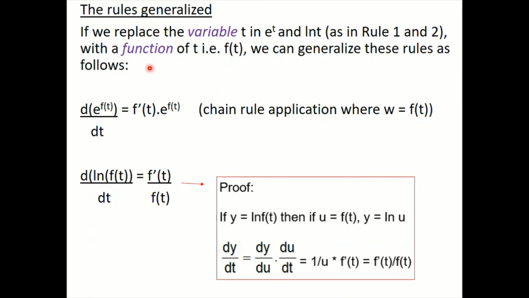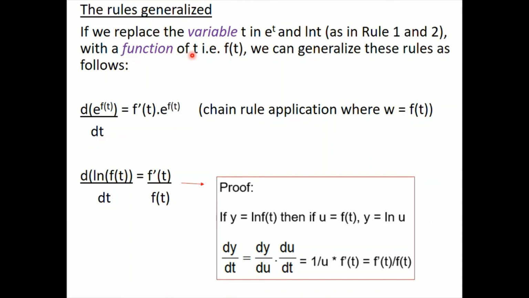So the two rules of differentiation that we saw on the previous two slides were fairly simple, and we were dealing with the variable t when we looked at the exponential function as well as our natural logarithm. Now we want to generalize these rules so that we can also work with a function of t.